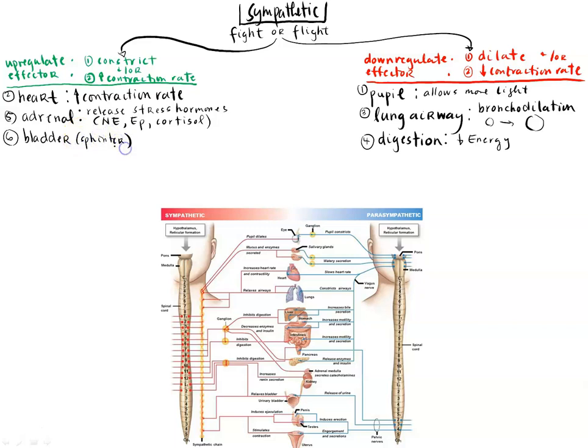This is the sphincter, the guardian that allows me now to have entrance of urine into a little tunnel here. Okay, so in here, what's going to happen is this sphincter is going to contract, and then this leads to no pee or no urination. Okay, all right, that's what's going on with the sympathetic nervous system when it's upregulated.